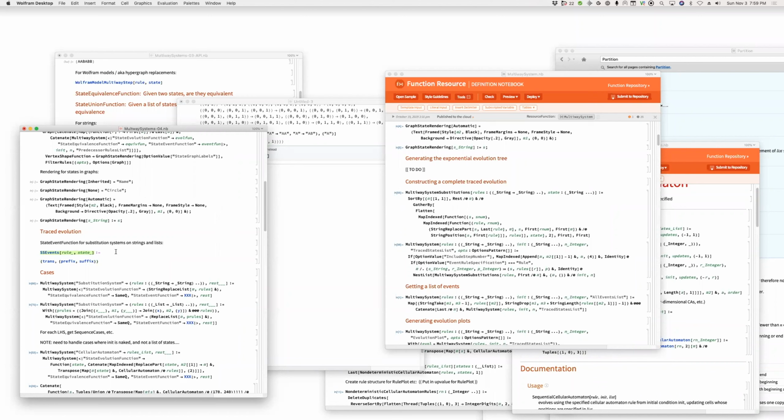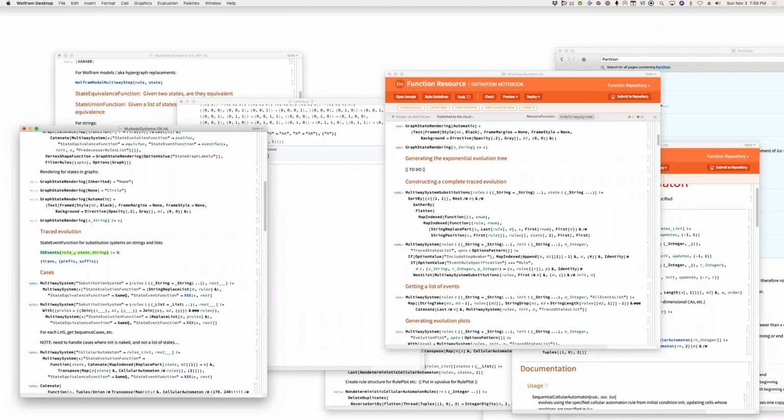Okay, so given an individual state, we want to find all the places where the left-hand side, that's either the string cases or the sequence cases, where the left-hand side of the rule, right? Maybe we should do the string case first. Okay.